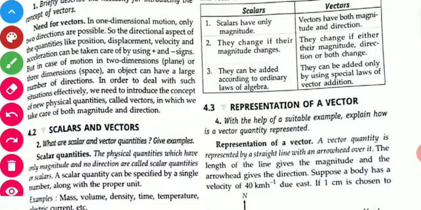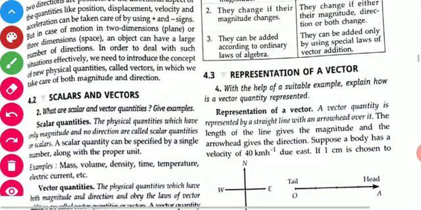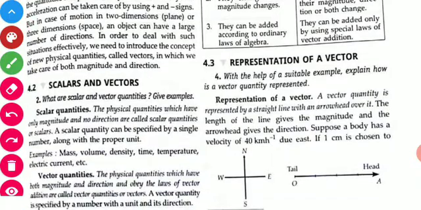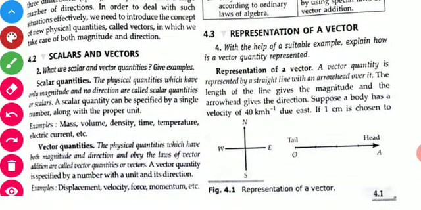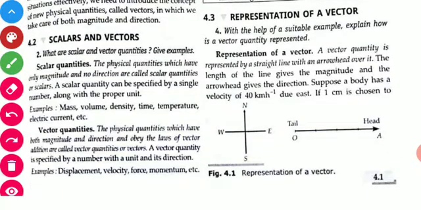So students, in order to deal with these situations, we have developed vectors. Basically, first of all, we will discuss what are scalars and vectors. Scalar quantities are those which have only magnitude.